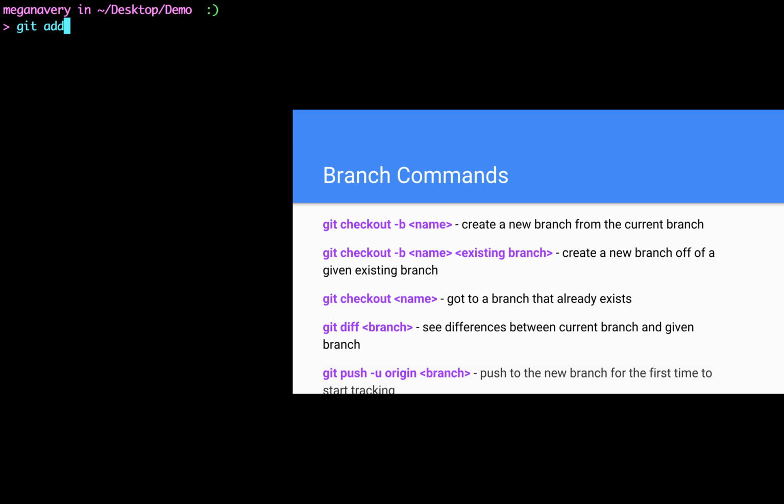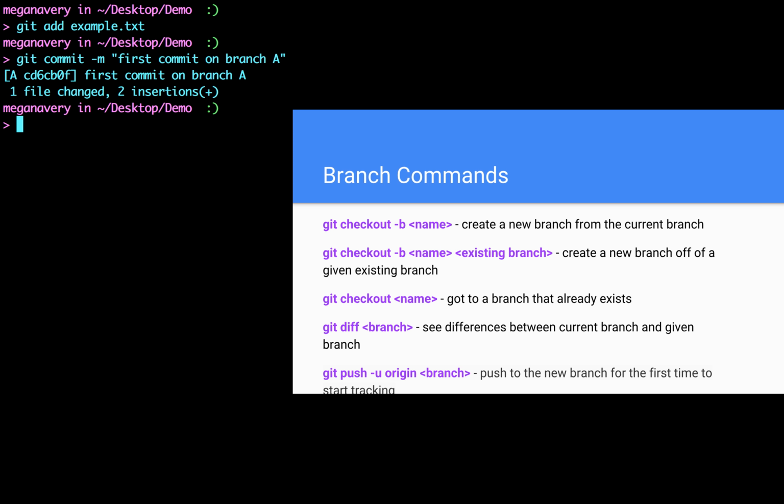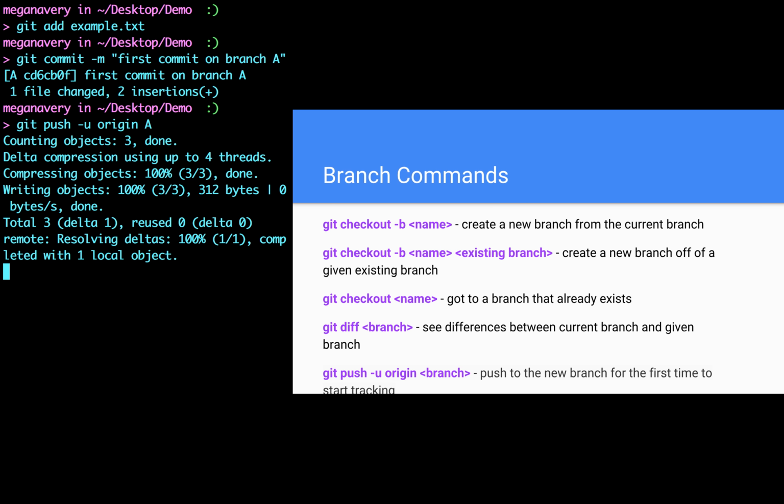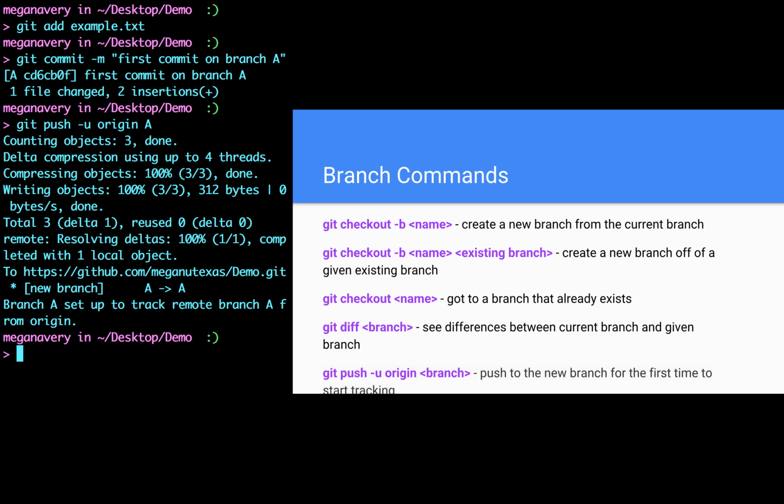So I'm going to do git add example.txt, git commit -m first commit on branch A, and then git push -u origin A. It's thinking, and now that's pushed.